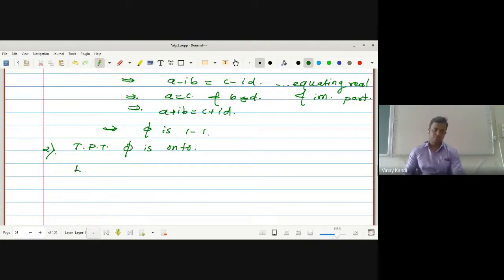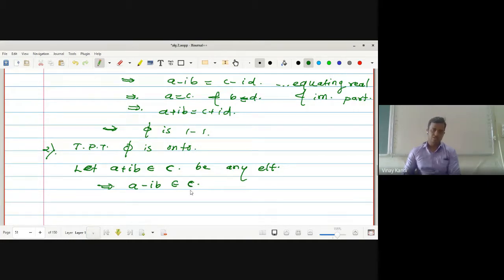Now let a plus ib, any element, belong to C. This implies a minus ib also belongs to C. Why?